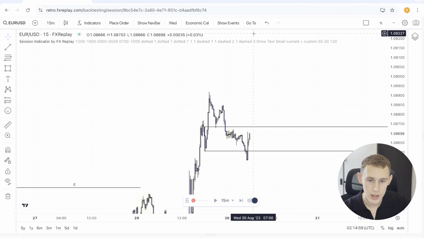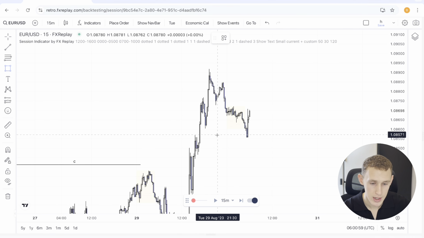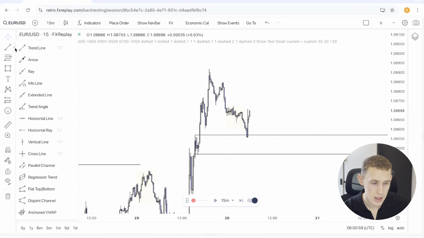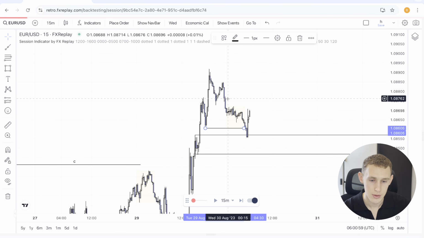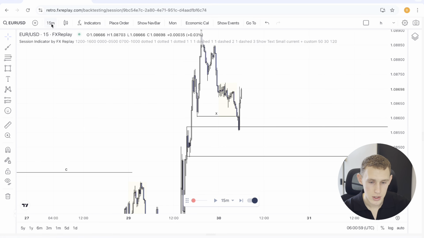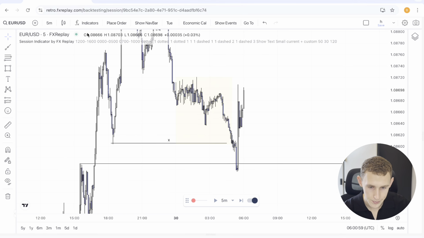I'm going to fast forward Asia again, just because obviously we wouldn't be trading it. So yeah, price has come lower. We've grabbed the Asia low and also this previous level to the left during London session. So if we can get a valid change of character here, I'm going to jump into the buys.